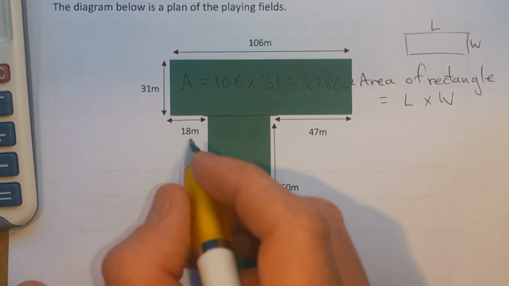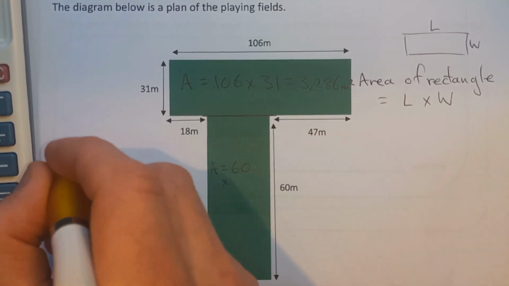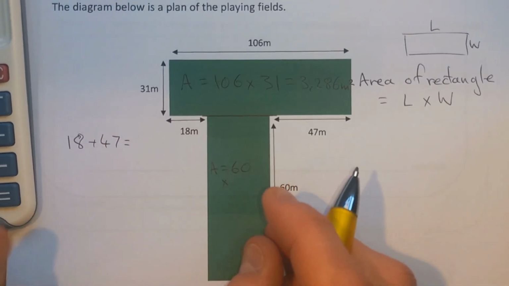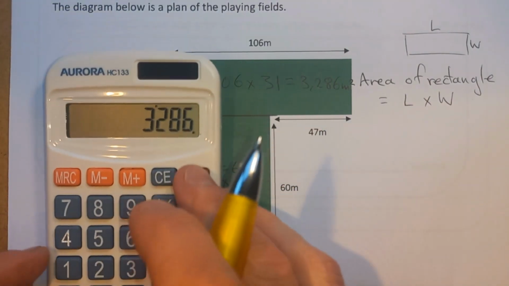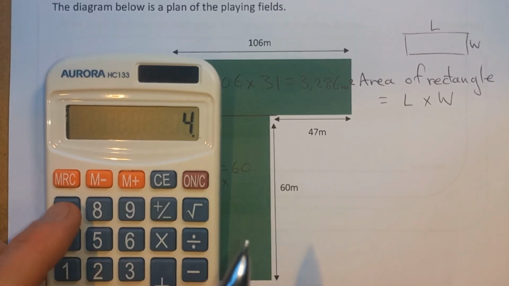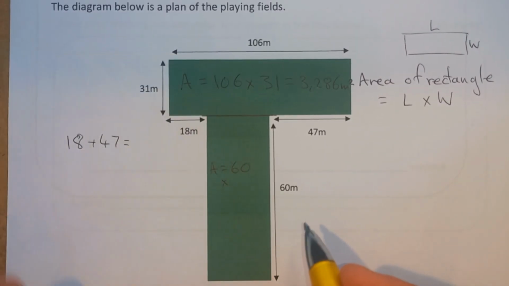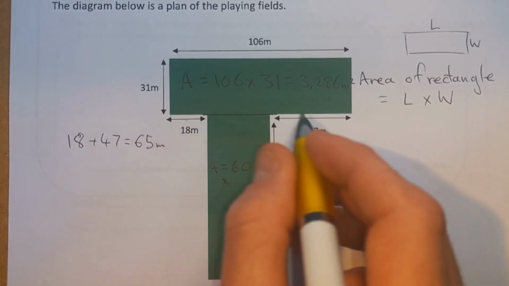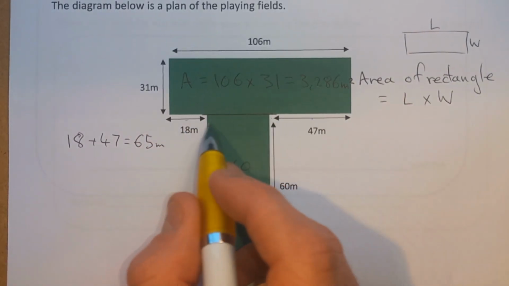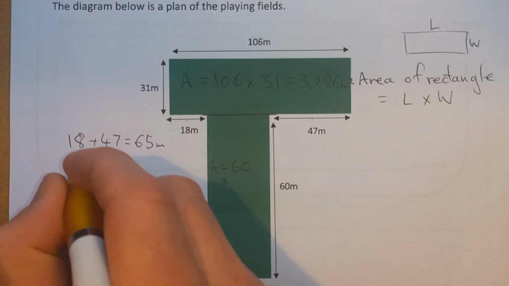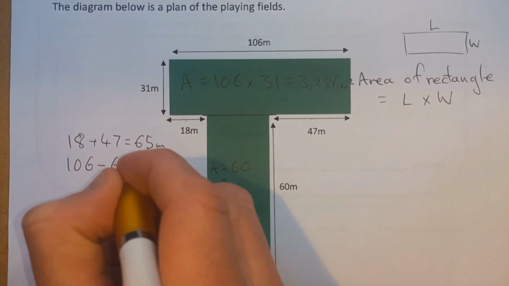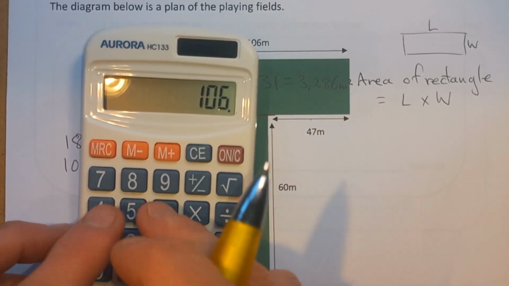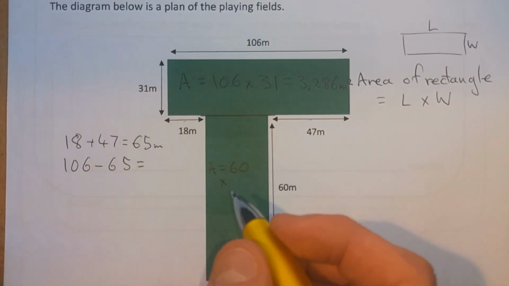So this gap must be the difference. So what we can do, if we add 18 and 47 together, we get 65. So that's those two distances. So this must be the difference. So it must be 106 minus 65, which is 41.